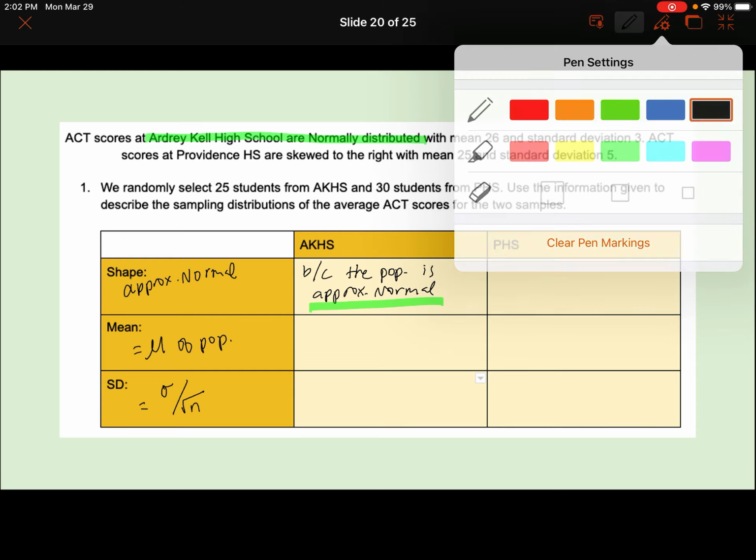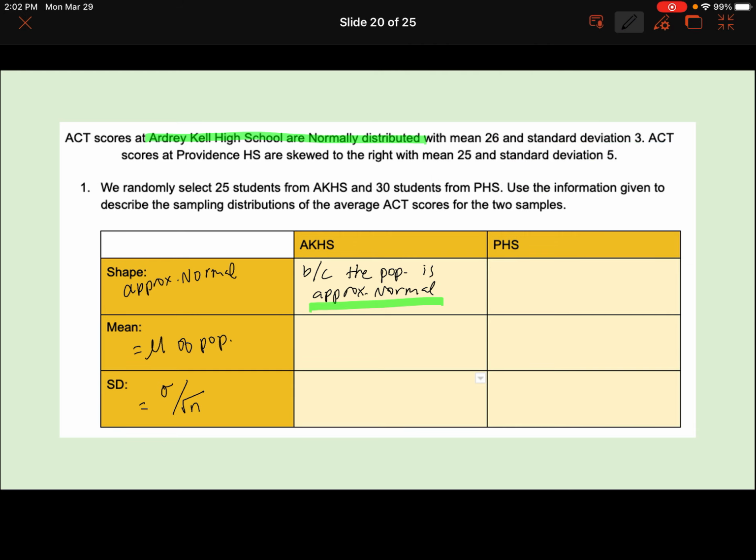For Providence High School, it's approximately normal, and that's because the sample size, 30, is greater than or equal to 30, which means we can use the central limit theorem. So even though the population is skewed, because the samples are large enough, we can go ahead and say that the shape of our sampling distribution will look approximately normal.